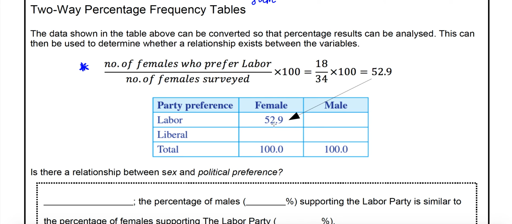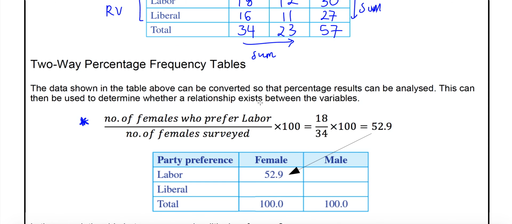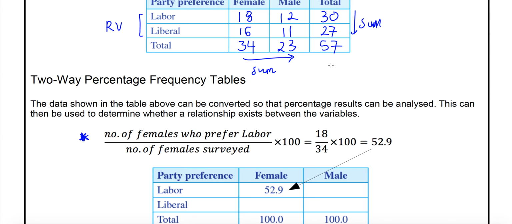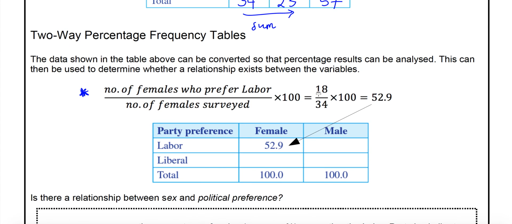I've tried to make it as clear as possible. If I wanted to get this value right here, I would take how many females preferred Labour, so that was 18 of them, and I need to divide that by the number of females that were surveyed. So you're not looking at the whole total of 57 people, you want just the females. So in this case, it would be 18 out of the 34 multiplied by 100, we get 52.9.